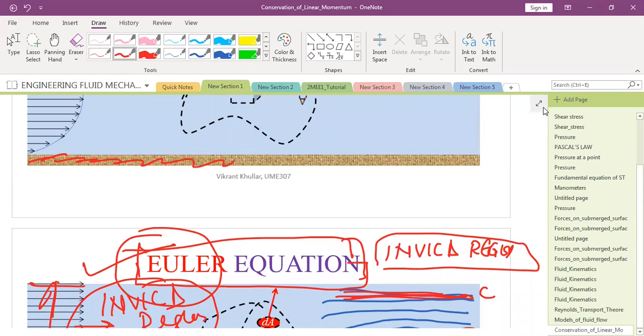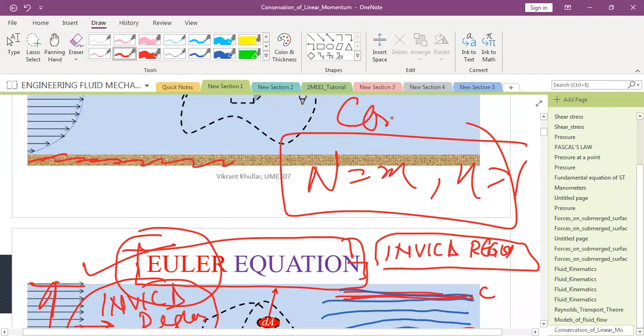We apply these laws to certain models of flow. These models of flow can be a finite size control volume fixed in space, a finite size control volume moving in space, a differentially small control volume fixed in space, or a differentially small control volume moving with the flow. Till now we have done it for mass. We substituted capital N equal to m and small n equal to 1, and we got the continuity equation.